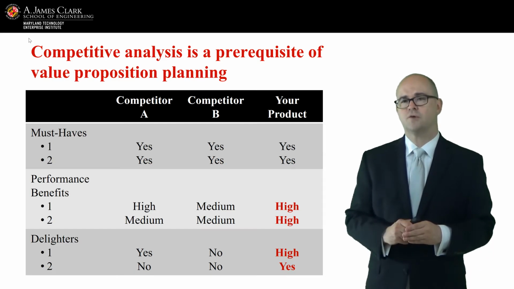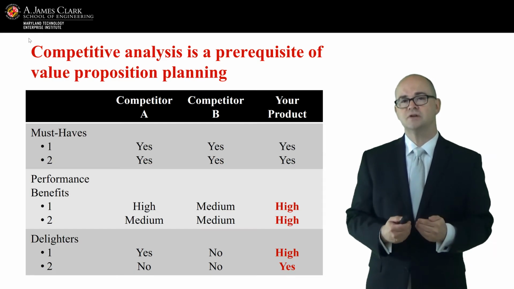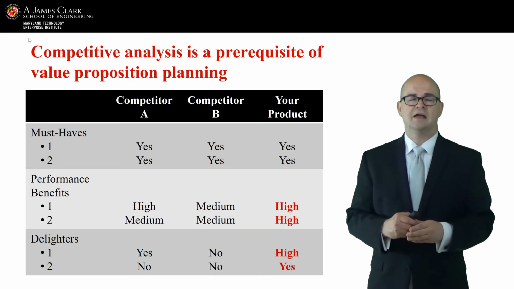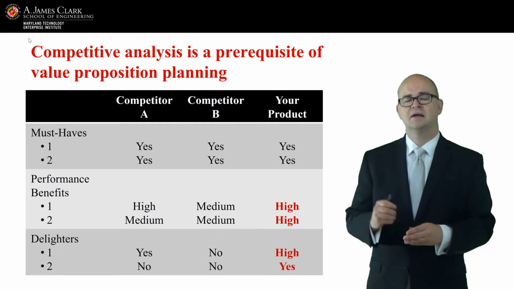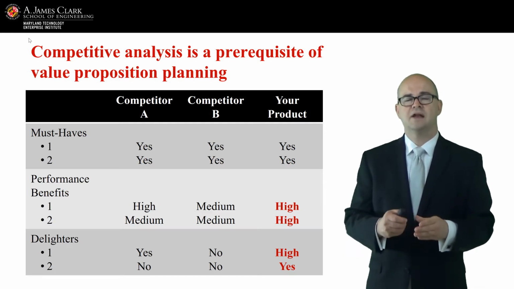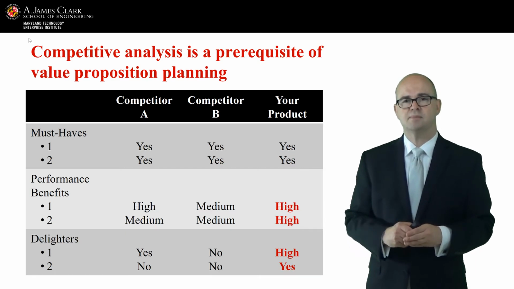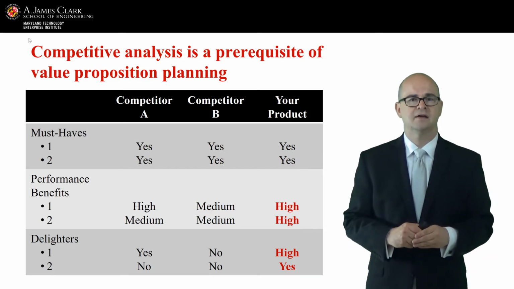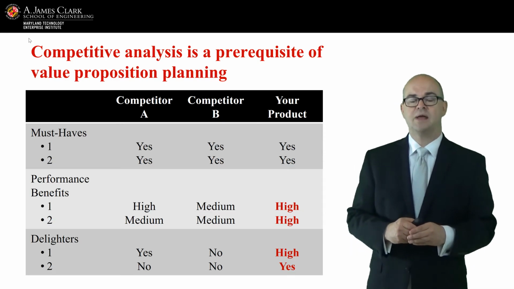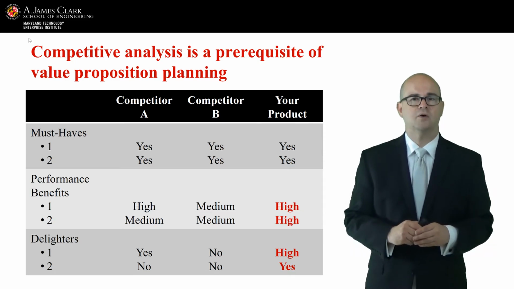In your column on the far right, the temptation for many entrepreneurs or innovators and product managers is to try and be the best at everything. If competitor A has it high, we're going to have it high as well, maybe even higher. If the next performance benefit is medium among our competitors, we want to have it high. If they have delighters, we want to have those same delighters. If we have some new things, we'll add that as well.